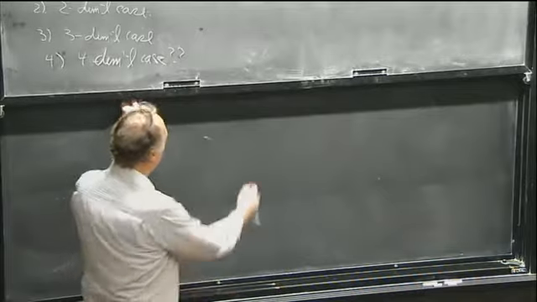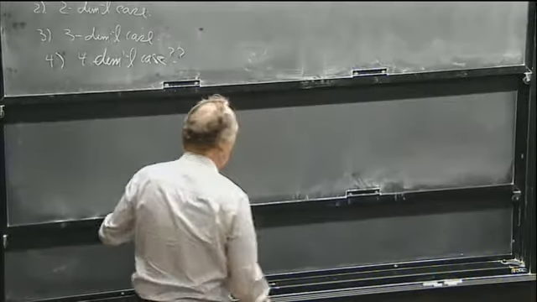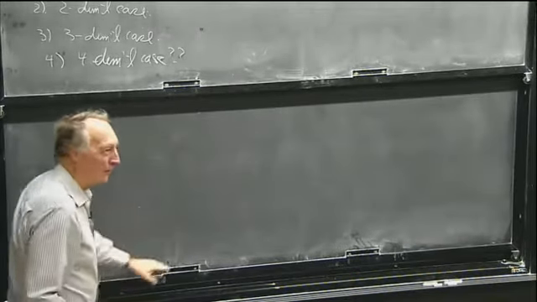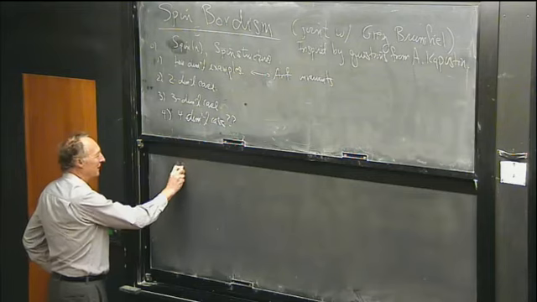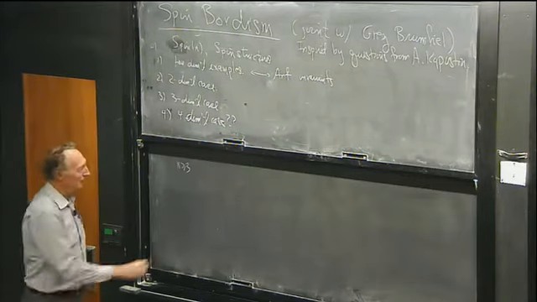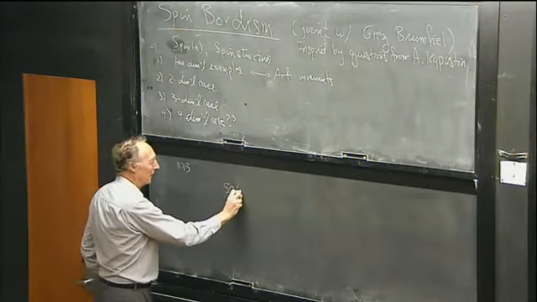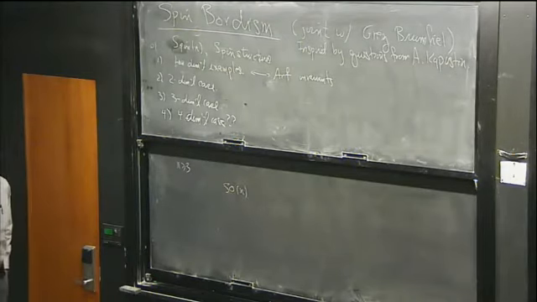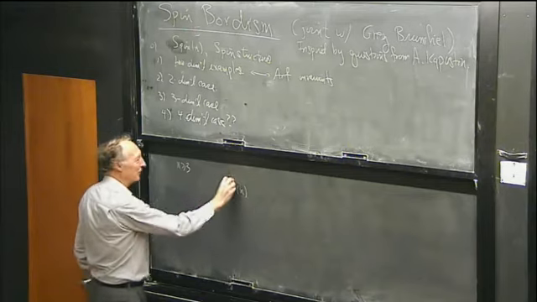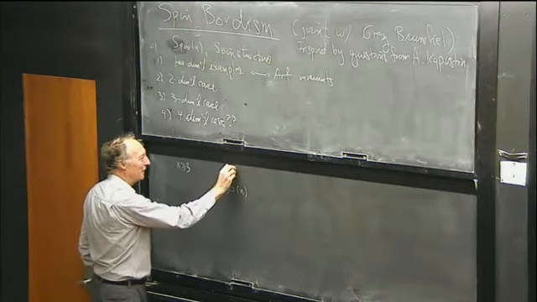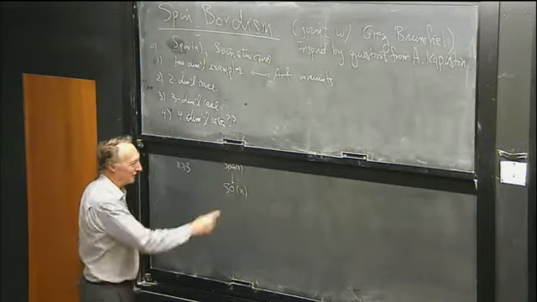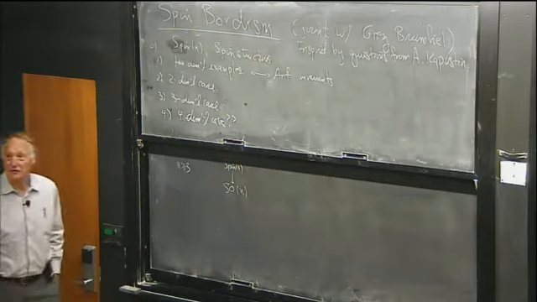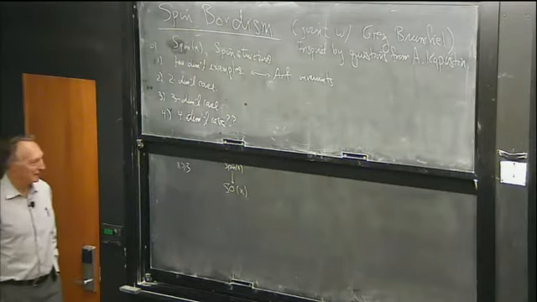Okay. Let me just remind you about the spin groups. For every n at least 3, the special orthogonal group SO(n) has fundamental group Z mod 2. So there's a covering group, which is called Spin(n). This is the non-trivial double cover, the universal cover of SO(n).